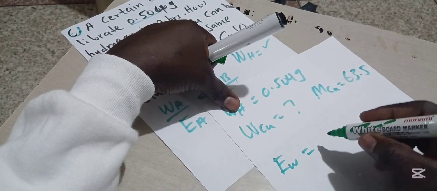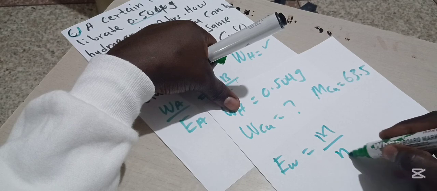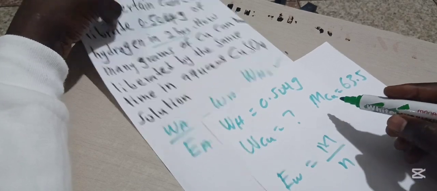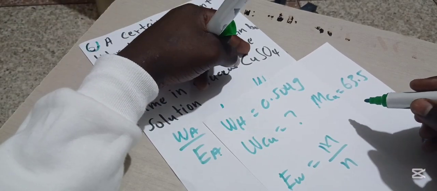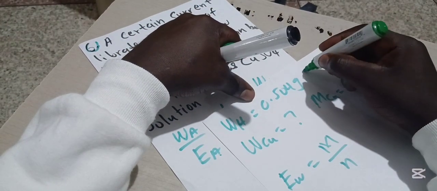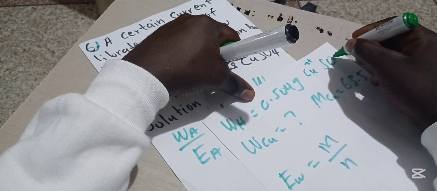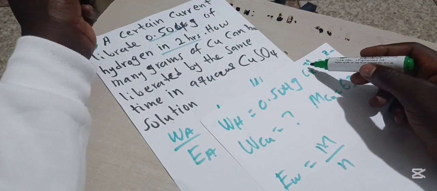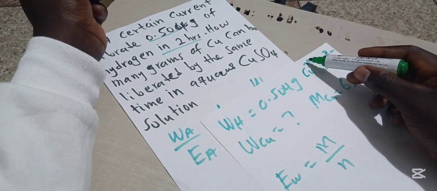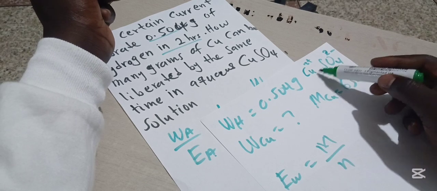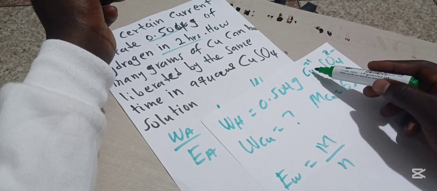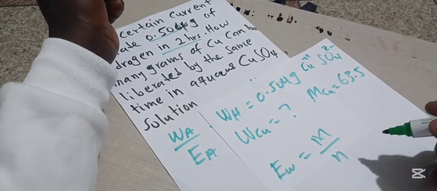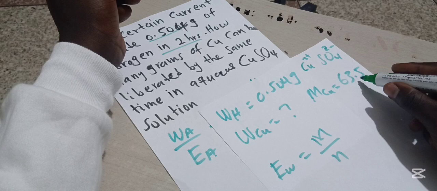Equivalent weight equals the molar mass of the substance over its n factor. We know the molar mass for copper. What is the n factor for copper in copper sulfate? We break copper sulfate into its ions. As far as this substance is a salt, the charge on the cation, not the anion, is the n factor, so our n factor is 2.